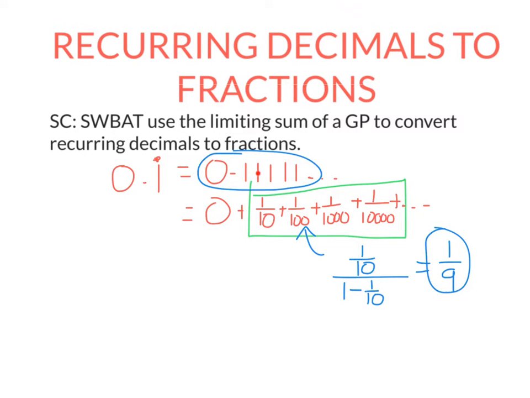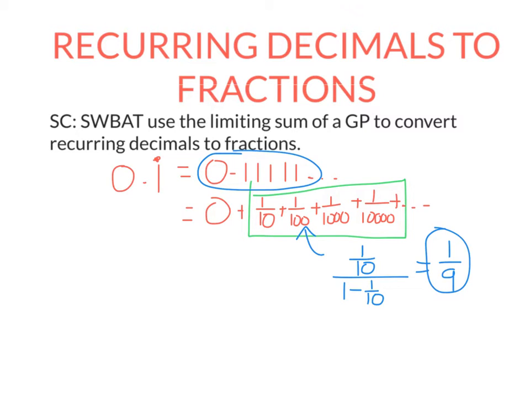So I've taken a recurring decimal and written it as a fraction. So that happens always when you get recurring decimals. The decimal part forms a geometric series in which the common ratio is less than 1 and more than -1, so you can add up all of these terms using the limiting sum formula.